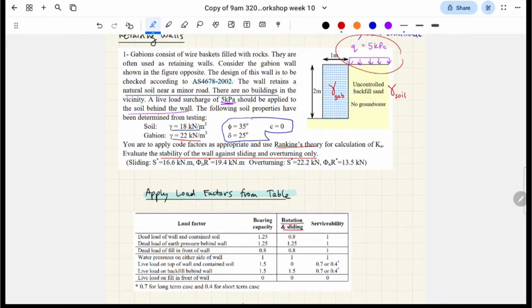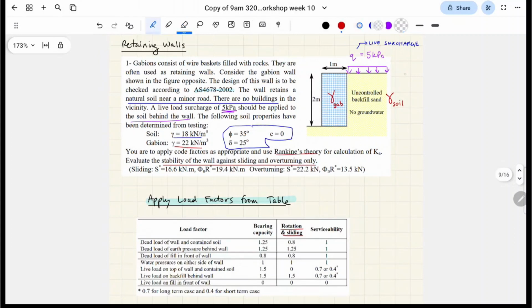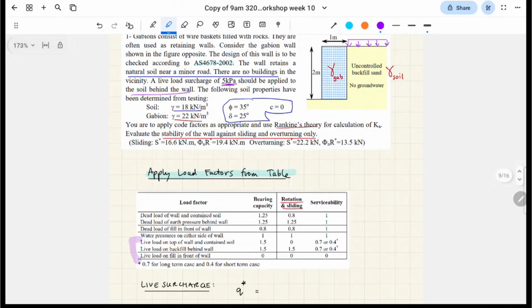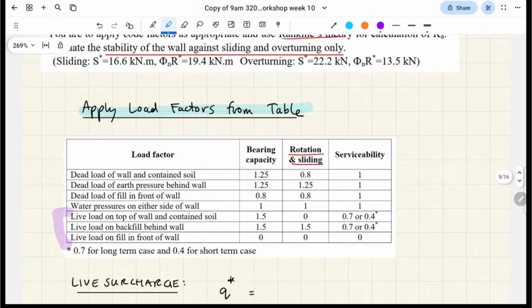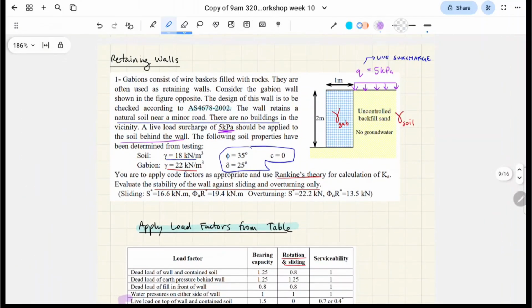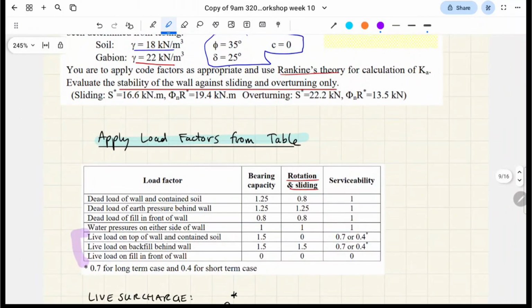That's the live load at the top, right? So we look at live loads, and from the live loads, which one's that going to be? Sorry, it's kind of hard to read. Which one's that going to be classified as? Oh, sorry. Like the surcharge load up here. What type of live load is that from the load factor table?